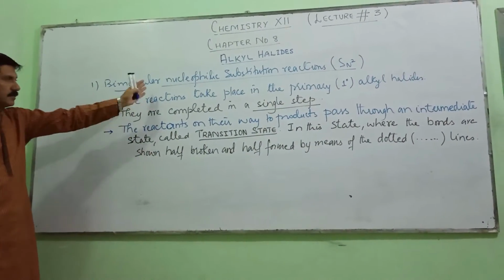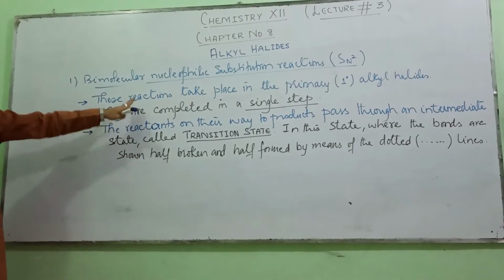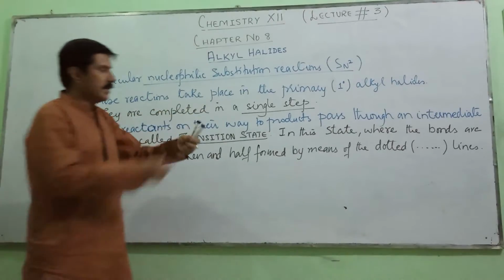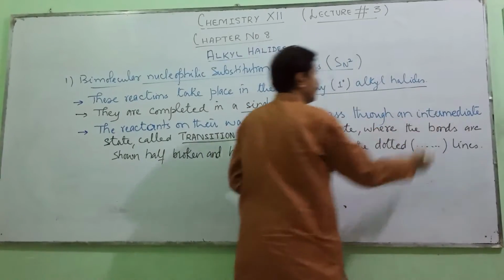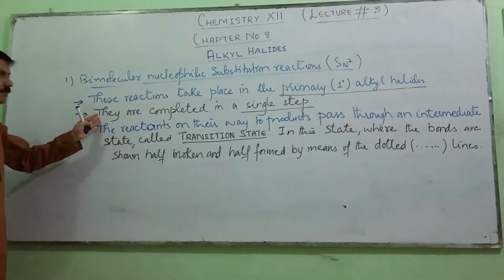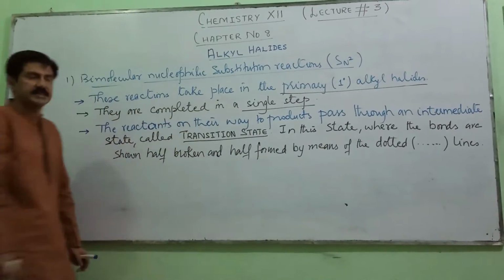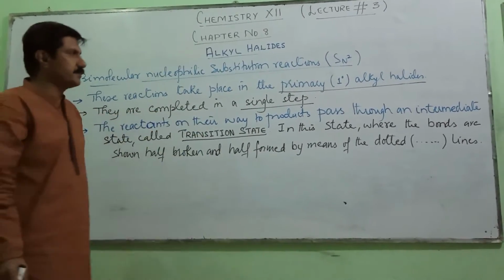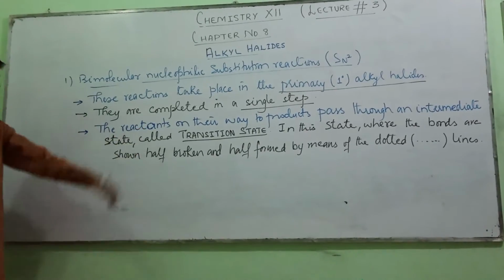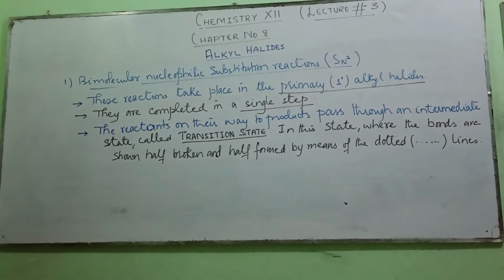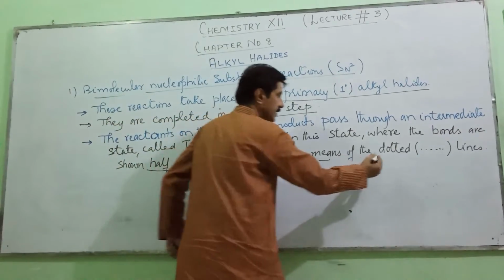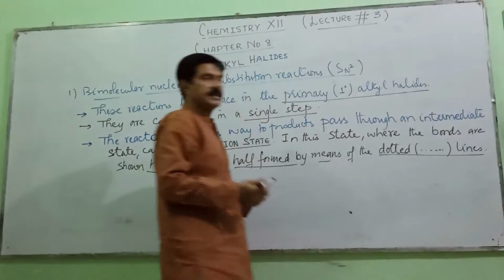So these are the things to be remembered for the SN2 reactions to take place. First of all, such type of reactions take place in the primary alkyl halides. Secondly, they are completed in a single step. And thirdly, the reactants on their way to products pass through an intermediate state called transition state, and the transition state represents that the bonds are half broken and half formed, and such bonds are represented by the dotted lines.